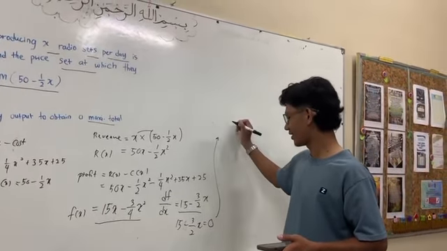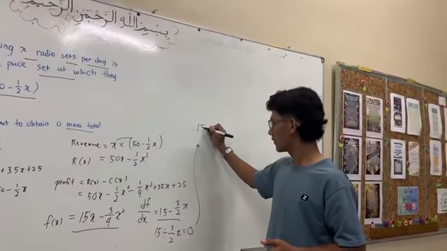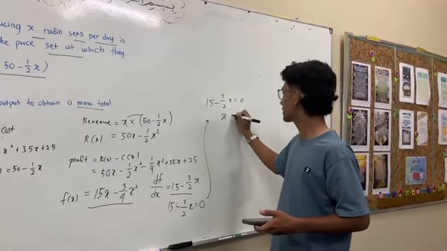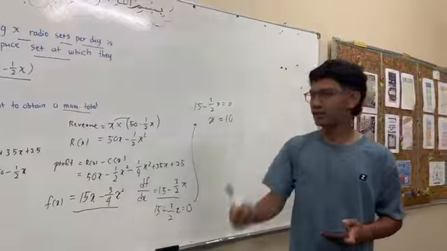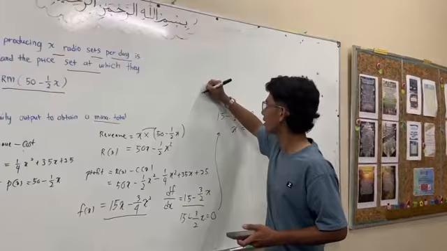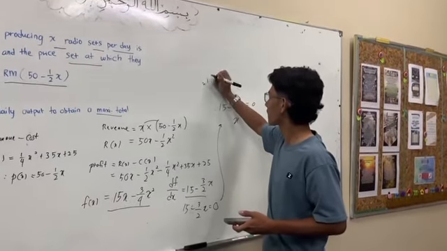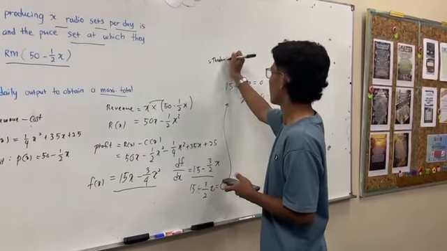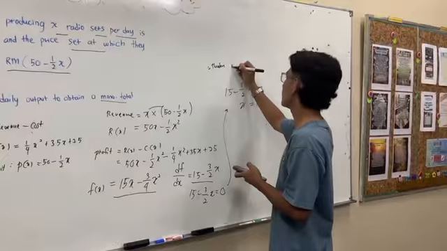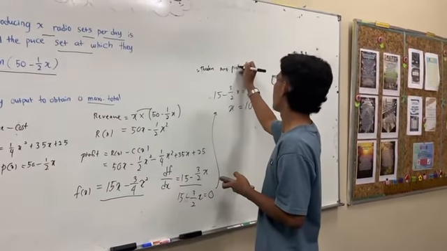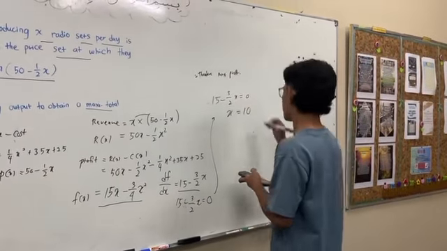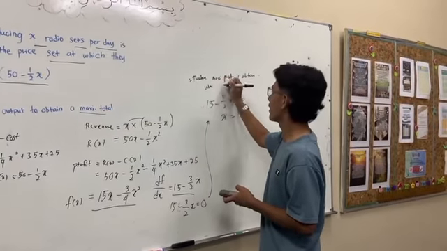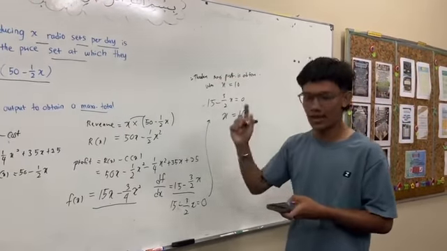So 15 minus 3/2 x equal to 0, we get x is actually 10. So we conclude that therefore maximum profit is obtained when x is equal to 10.